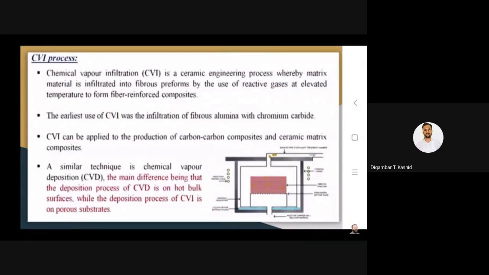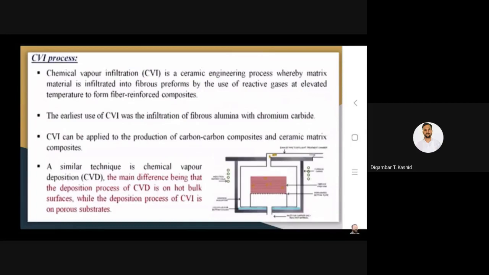A similar technique is the chemical vapor deposition process. The main difference between CVD and CVI is that in the CVD process a hot bulk surface is not there, while in the CVI deposition process a porous substrate is used. So that is a basic difference.